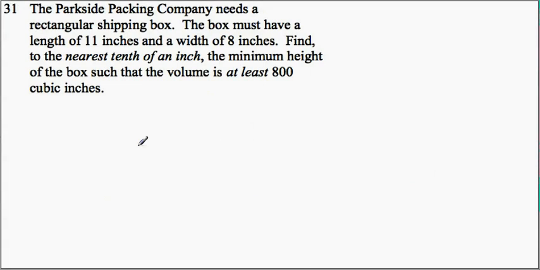Alright, let's look at number 31. A rectangular shipping box must have a length of 11 and a width of 8. Find to the nearest tenth of an inch the minimum height. So the volume would be at least 800 cubic inches. So we get 800 must be equal to the volume of the rectangular box, which is length times width times height. So we have 11 times 8 times x.